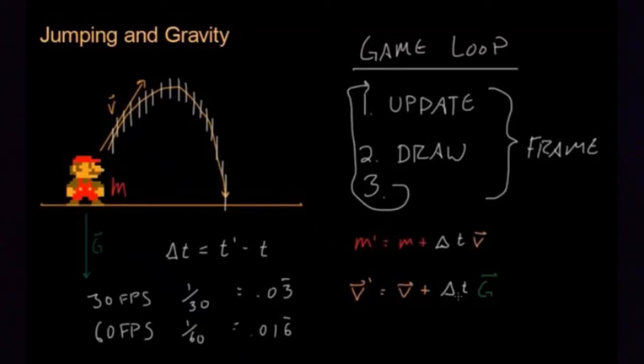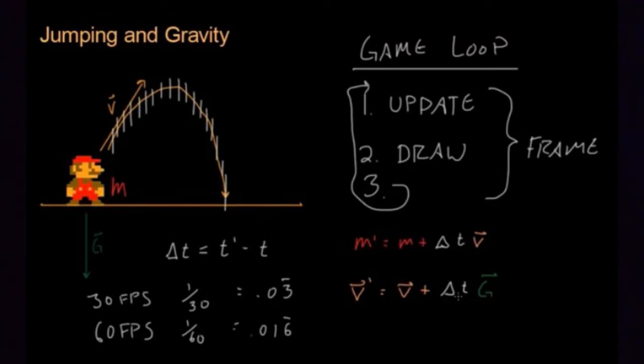This is a screenshot from a video talking about jumping and gravity inside of games. If you look at the game loop right below, you have M prime and V prime. M prime is Mario's position on the screen, and as he goes up, he's going to end up coming down. These are the functions for how he'll come down.